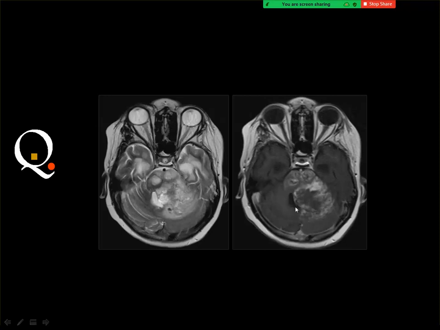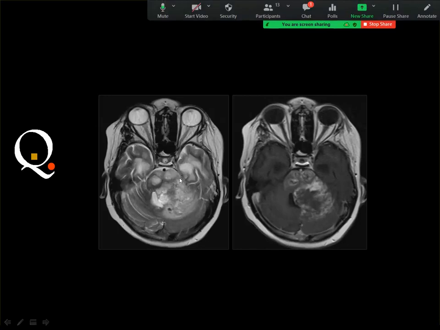The fourth ventricle is compressed and the ambient cistern is effaced, meaning that this is an intraaxial lesion. Then you are in the differential diagnosis between either a tumor in the cerebellum that has extended into the brainstem, or the opposite. You have a brainstem tumor that affected the cerebellum.